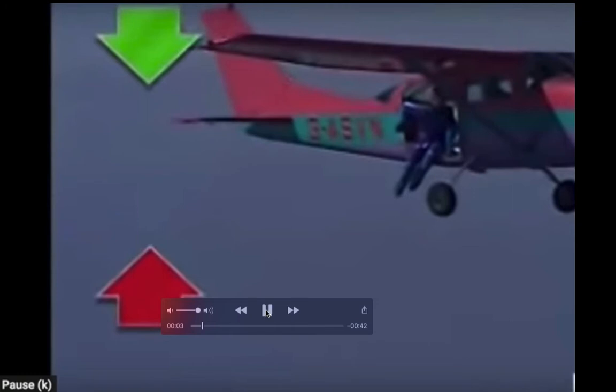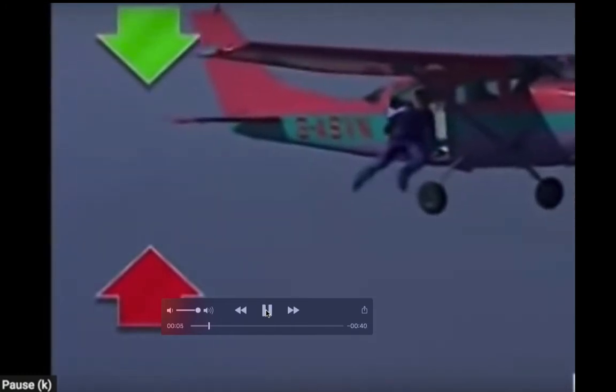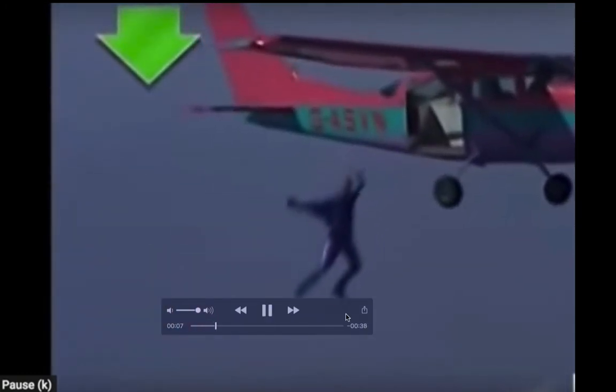But the moment she steps out of the plane, you'll notice she starts to accelerate. And you'll notice here in the corner, they have a velocity on her, in meters per second. She is now going late into the 40s and 50s meters per second, which is the rate that she is falling.